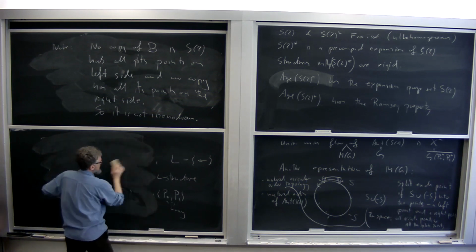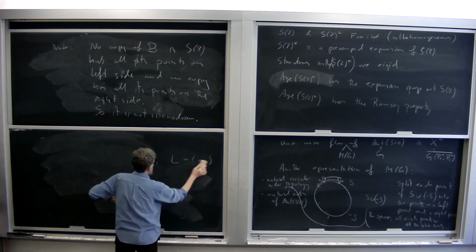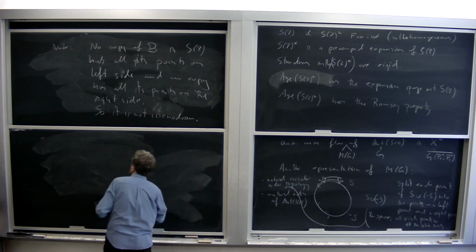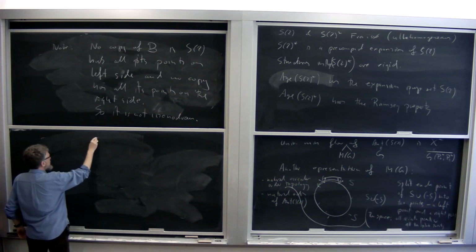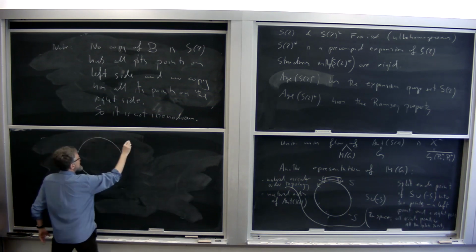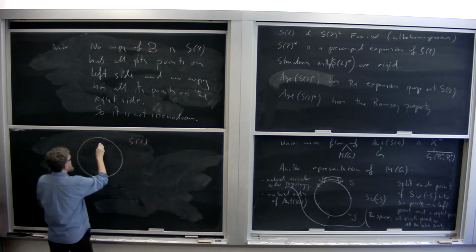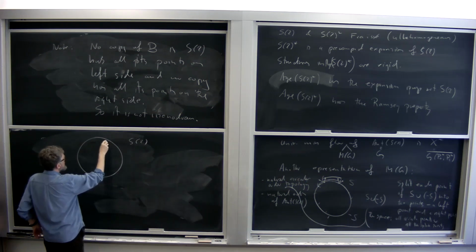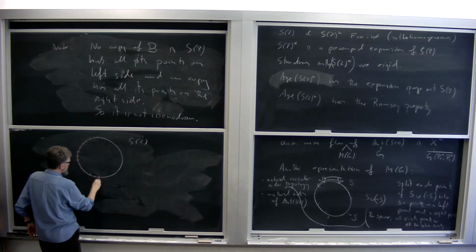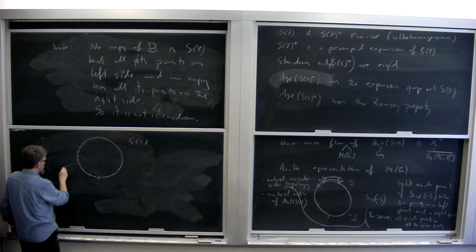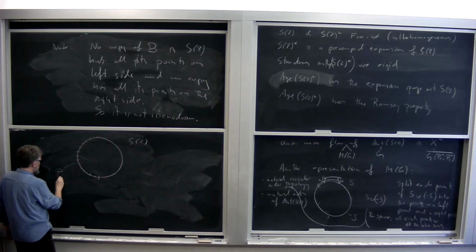What you do is, you have your structure. This is S of 2. And then what you do, you leave the left side alone. So this part is just P0 star, yes?